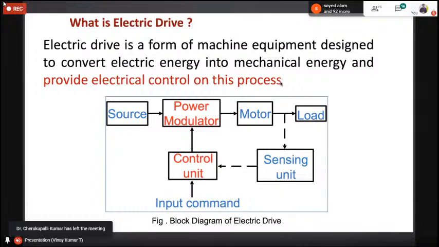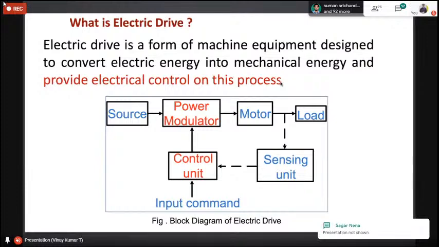Till now we have concentrated on the fundamentals of the machine side. Right, there are so many machines available: AC machines, conventional machines, and special machines. What are the advantages of special machines compared to conventional machines?